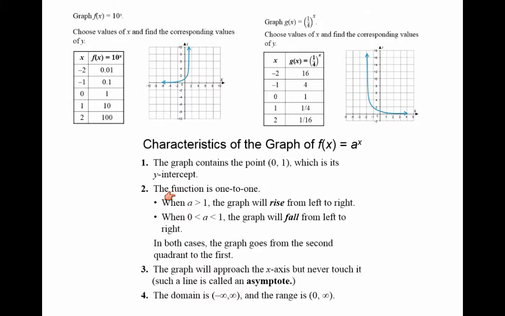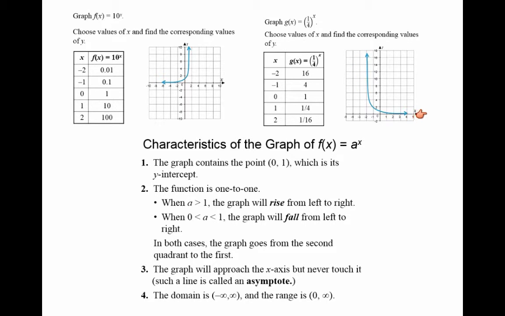The function is one-to-one. When a is greater than 1, the graph will rise from left to right, like in this case. If a is between 0 and 1, you see how it does? The graph will fall from left to right.